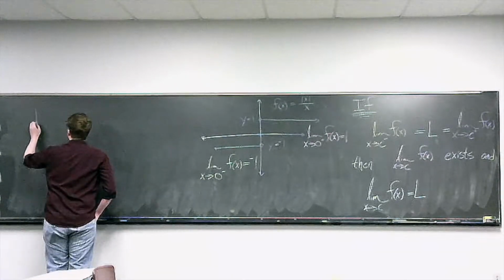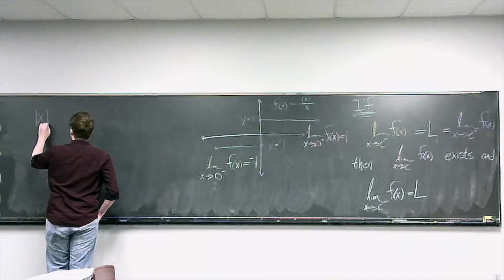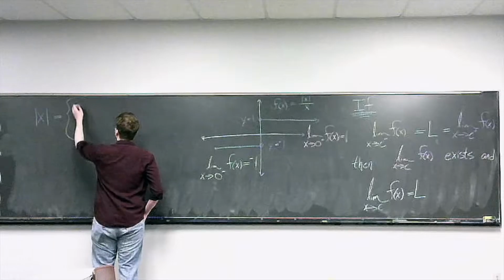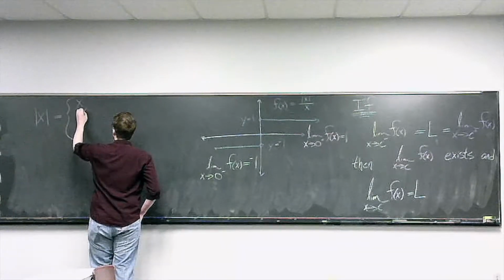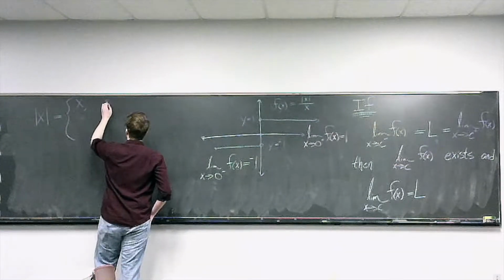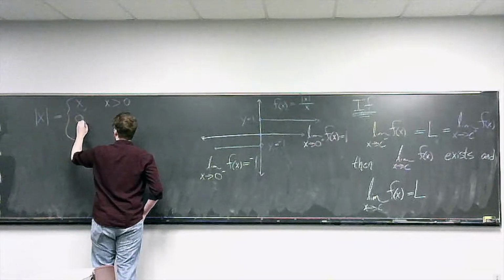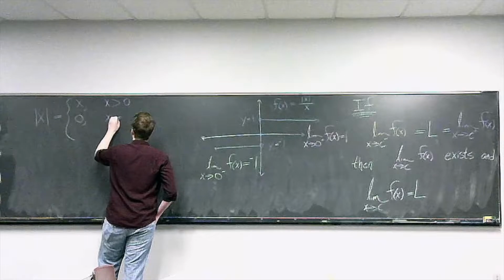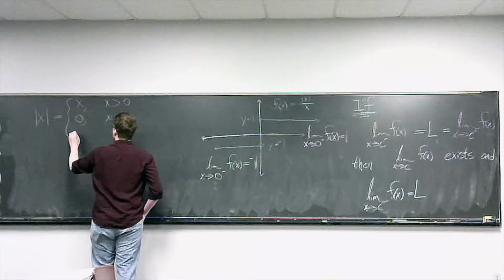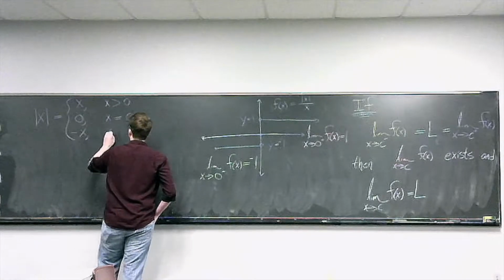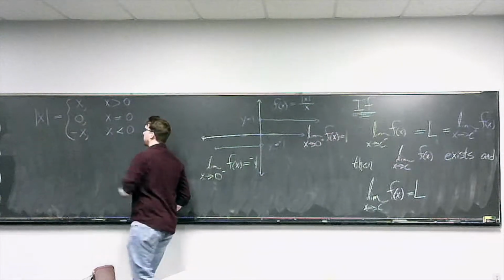The absolute value of x is equal to the piecewise equation: x if x is greater than 0, it's equal to 0 if x is equal to 0, and it's equal to negative x if x is less than 0.